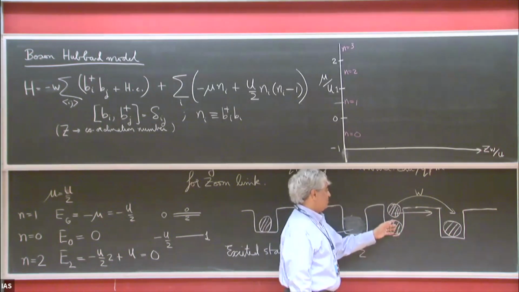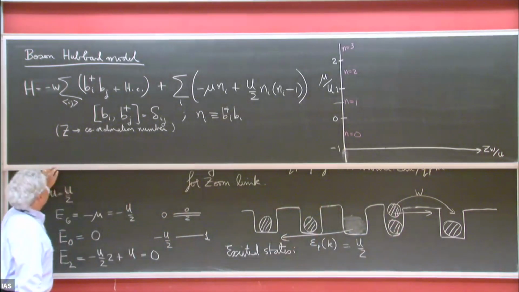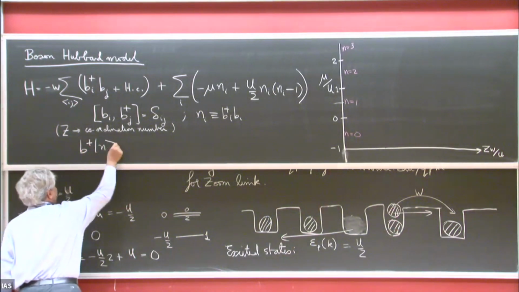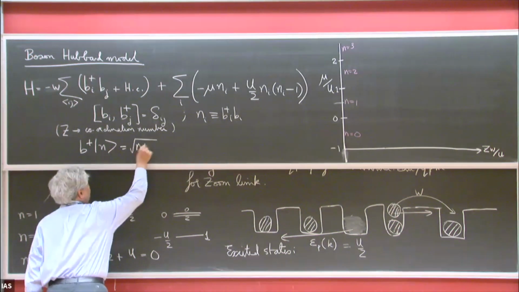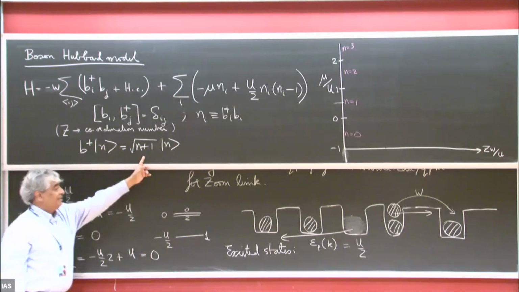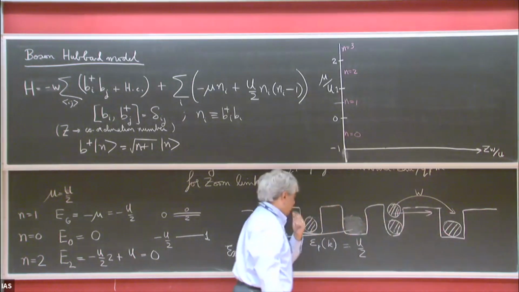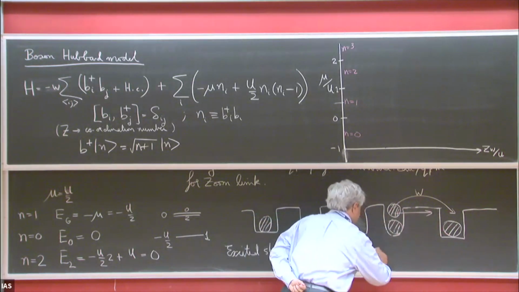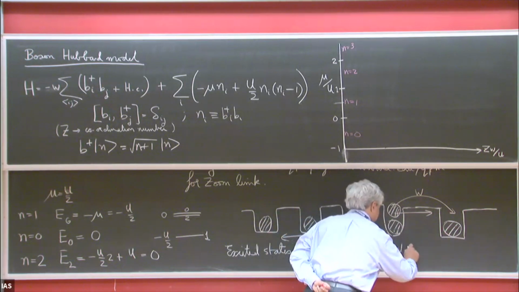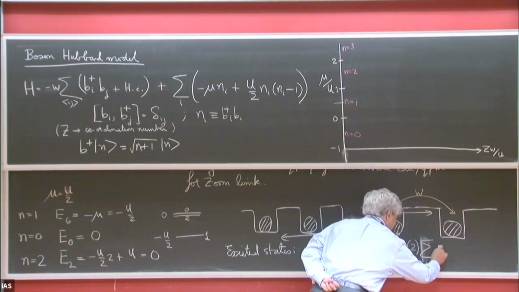So when this site is going from one boson to two bosons, or vice versa, this matrix element has the property that b dagger on n is square root of n plus 1. So that's the famous factor over here. And for this particle, you're going to pick up that factor twice, once here and once there. And so the dispersion then will be minus 2W times the Bose enhancement factor, which will still be 2, times the sum over the different directions of cosine of k_i.